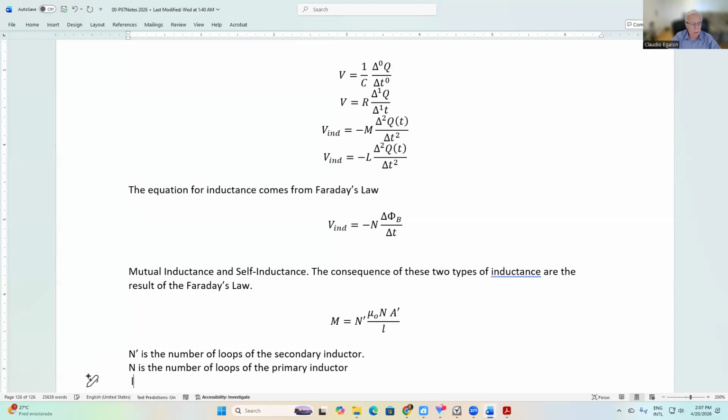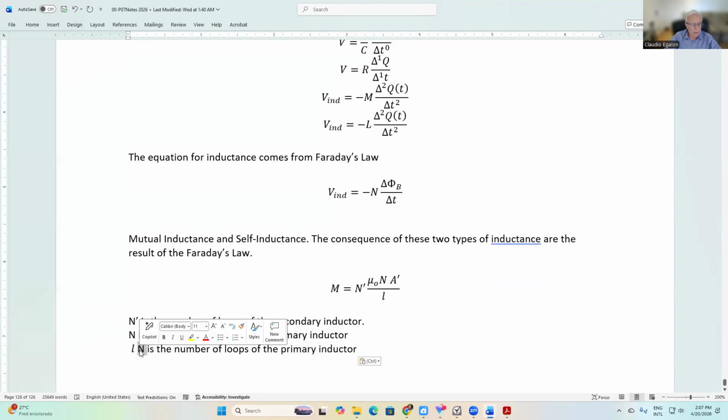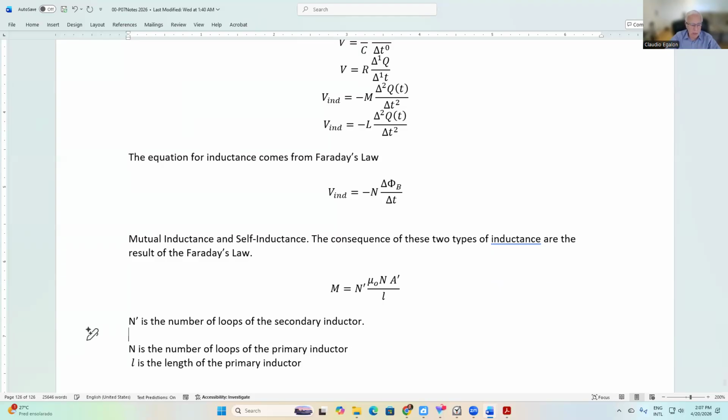L, lowercase l, is the length of the primary inductor. Everything with prime is related to the secondary inductor, and everything else without the prime is related to the primary inductor.